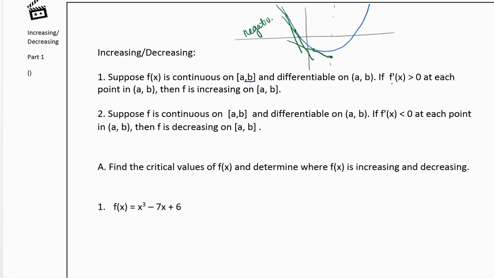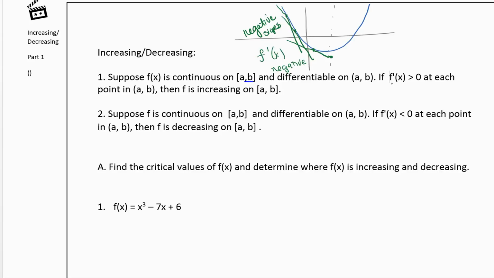So while our function is decreasing, the derivative is going to be negative. Well, what about when our function is increasing?